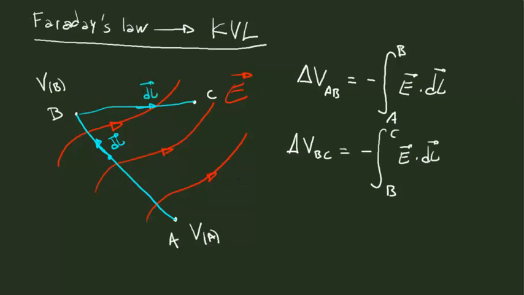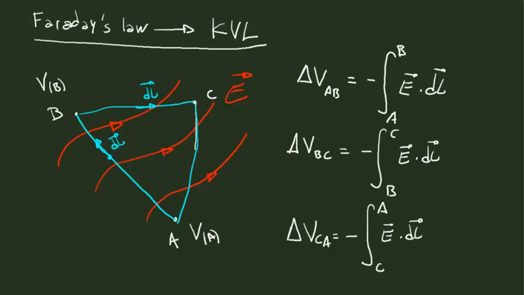And if we want to close the loop, we can also estimate the difference in potential between point C and point A. This is easily calculated as minus the integral between C and A following a certain path of E dot dl. There you go. This is the path that we would like to integrate, and this is our dl over here. Just a recap of how potentials are defined: the potentials are defined as the line integral of the electric field.